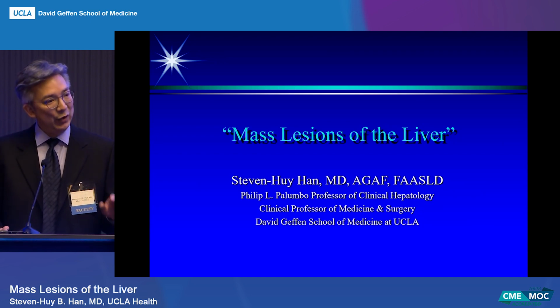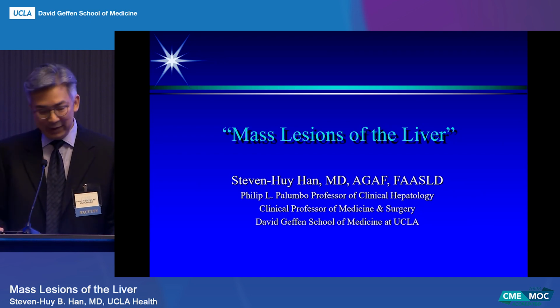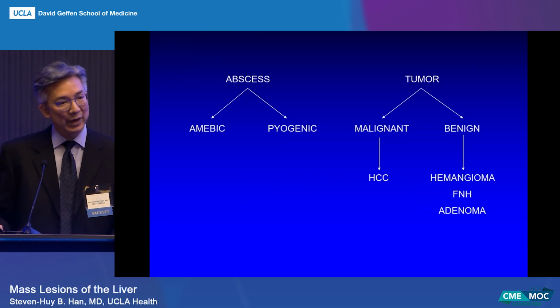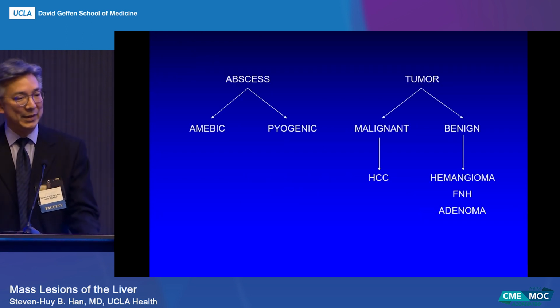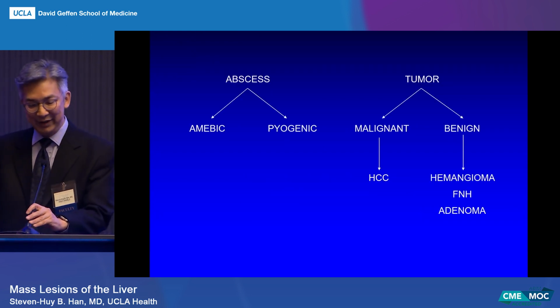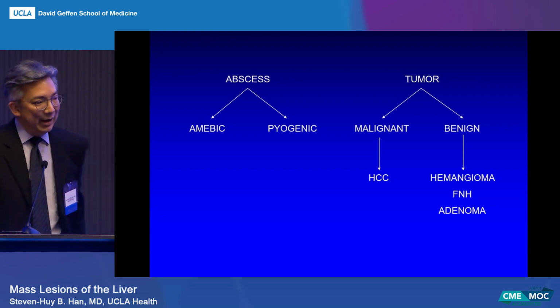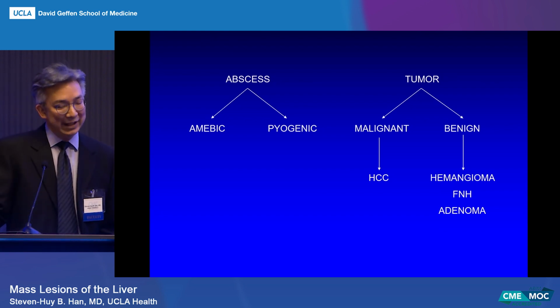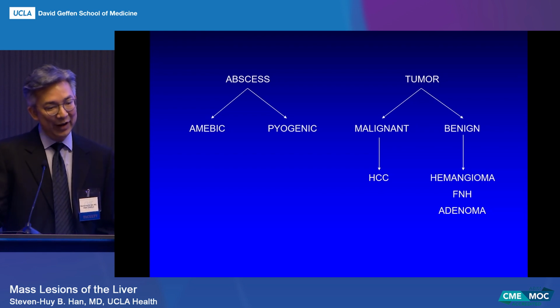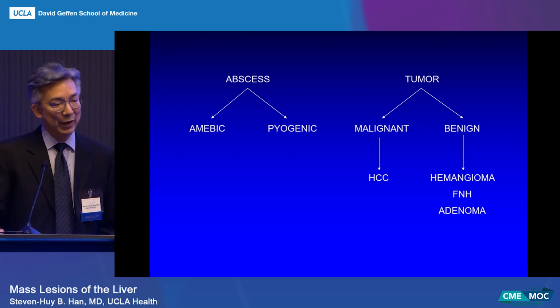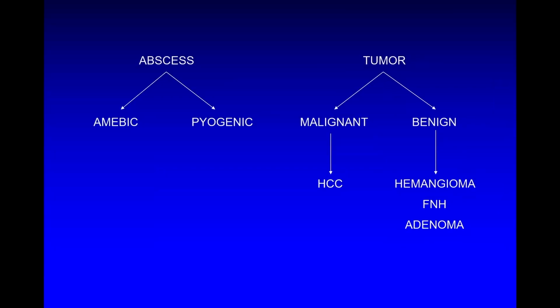And I'm going to take you through, I think, an algorithm, and hopefully this will help you tackle these problems in a kind of a systematic fashion. So when you see a mass lesion in the liver, I would say 95% of the time, it's going to be one of these. It's going to be an abscess or some sort of tumor, either malignant or benign.